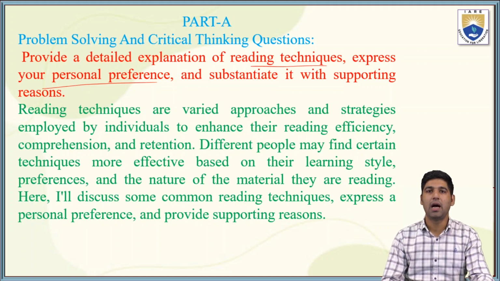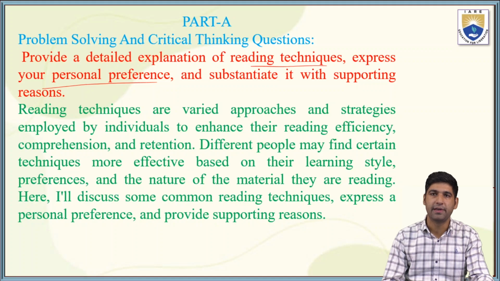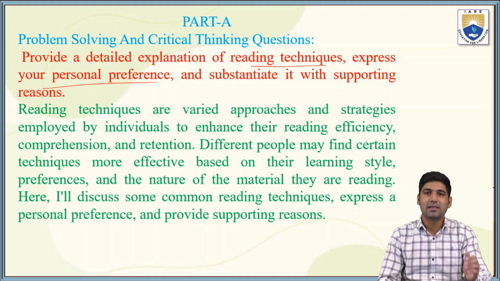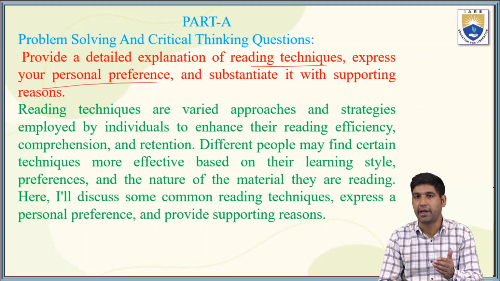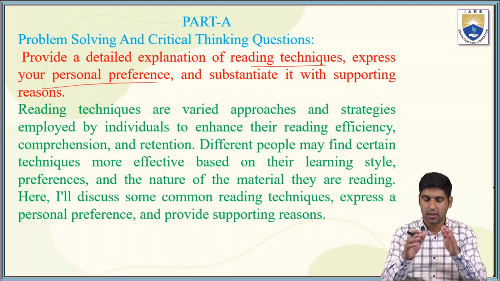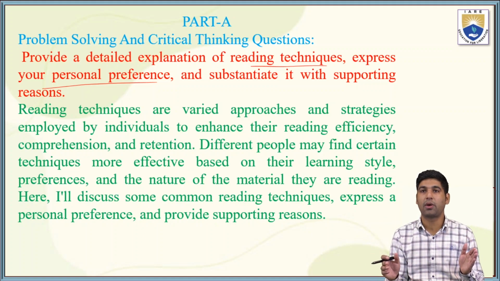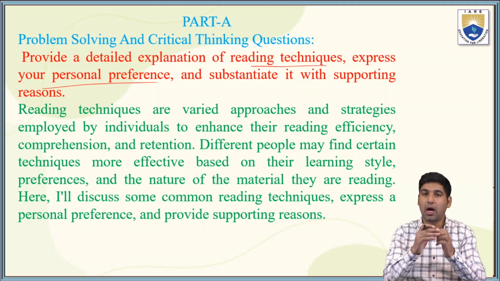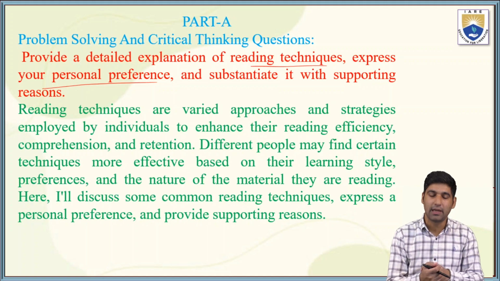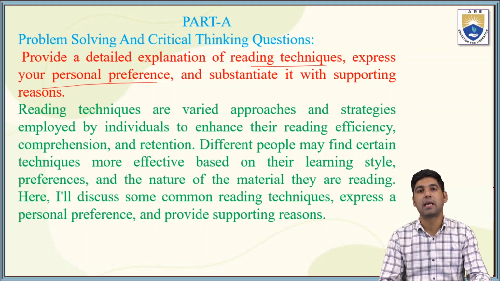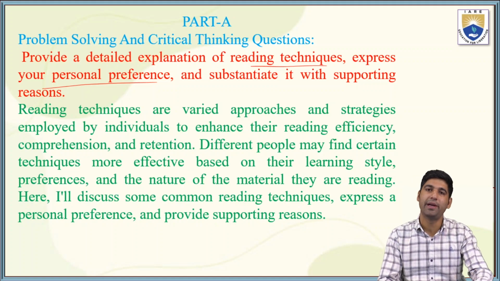So when the question asks for your personal preferences, and also demands that you substantiate with supporting reasons, obviously your critical thinking will be checked. How can you build a good answer? How can you construct good reasons? How good are you at choosing your preference? And how can you substantiate that? Your problem solving skill is being checked by such questions.